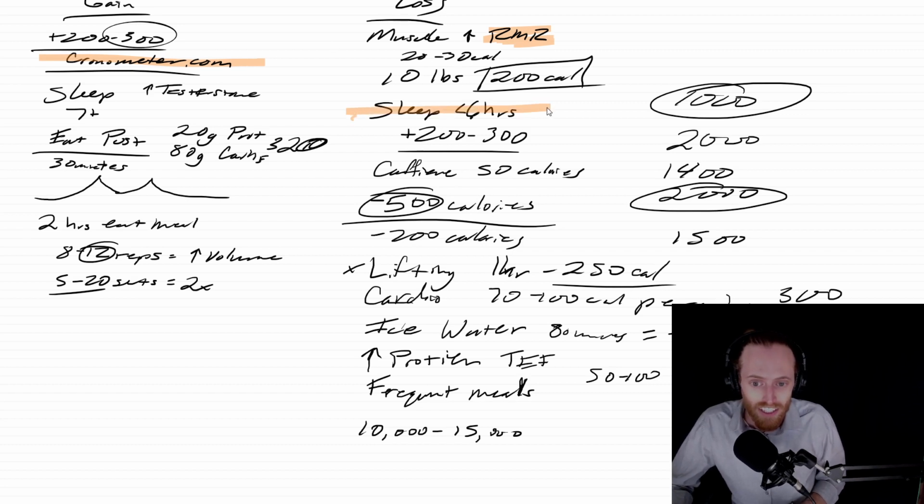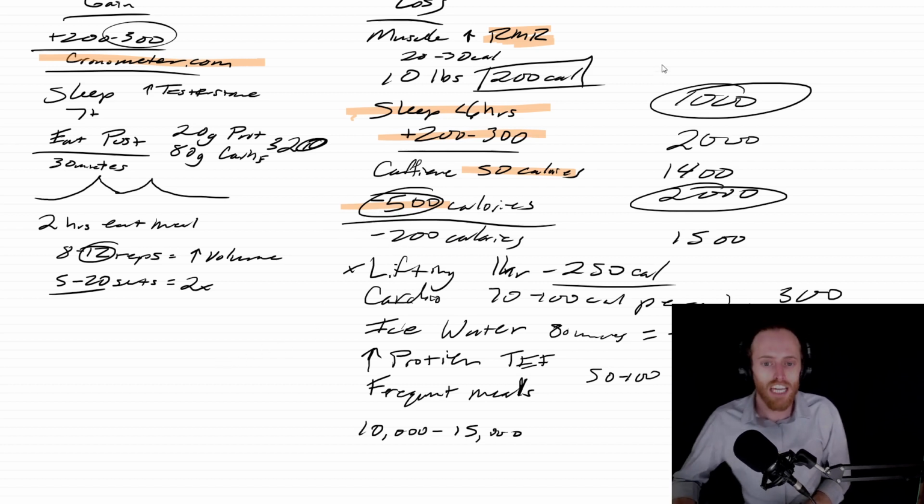We want to be sleeping about 6 hours. That can help reduce our calorie intake by 200 to 300 calories sometimes. We have caffeine there, about 50 calories per day. It'll burn extra, potentially. If we're looking at this, 500 calories is kind of the max I think we should do. You can go down to 1,000, but again, you got to make sure you're eating resting metabolic rate. So I like 500 better, especially so we don't lose muscle mass.